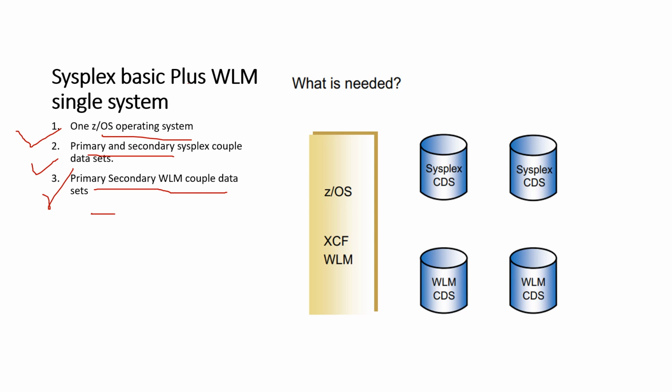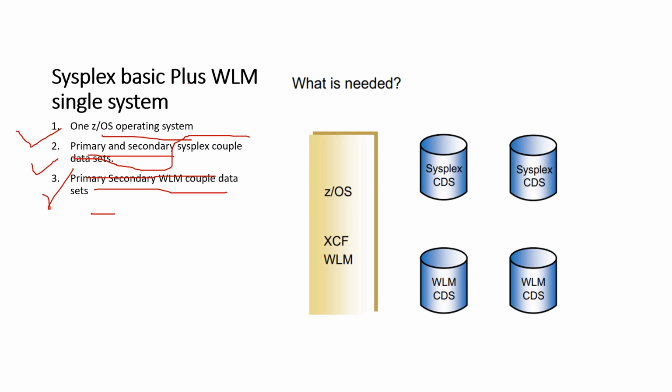Now we need to understand what a Sysplex couple dataset is. Sysplex couple datasets are the central point of heartbeat checking of all the systems in the Sysplex. These types of couple dataset cannot be defined dynamically to a system.